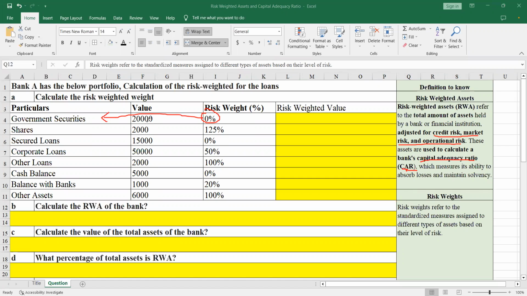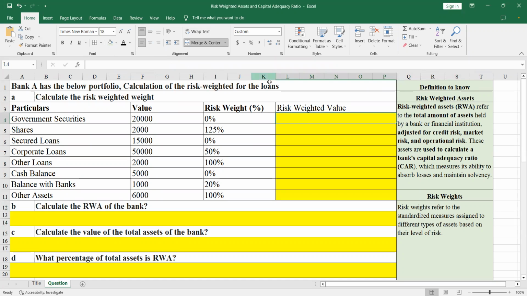And for securities where the market risk is extremely high, such as shares, we see an extremely high risk weight. So once you understand what risk weights and risk-weighted assets are, you can calculate these two things.